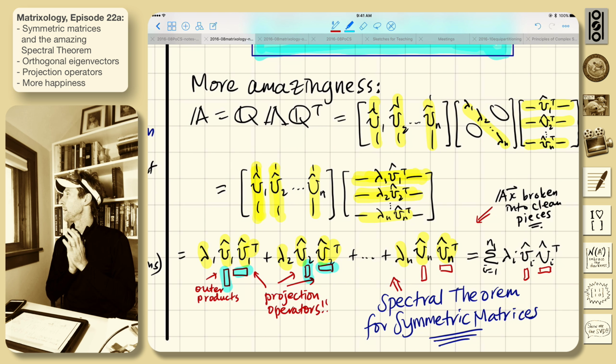What this means is, we've got these little outer products, right? Not inner products, outer products. So when we multiply an x, this vector comes along, it's an inner product with it, and then it gets multiplied by itself again. So we're projecting, and we know how that works, that means it's projecting x into that direction, right? So it's taking the portion of x that is in the v1 direction, say.